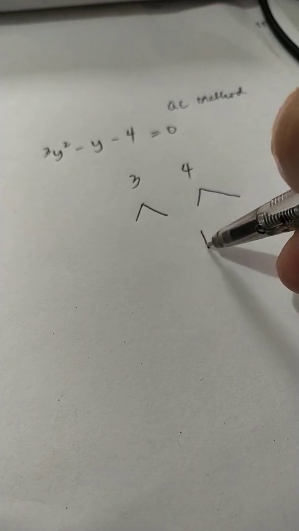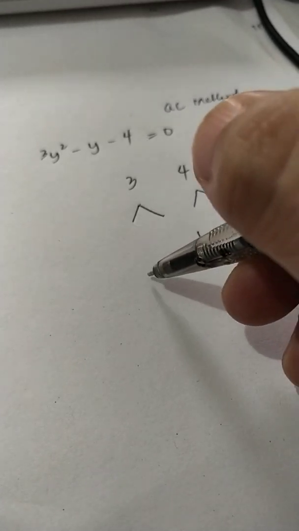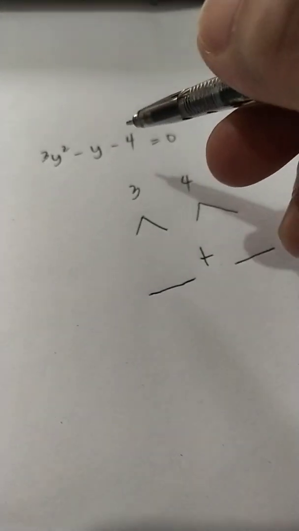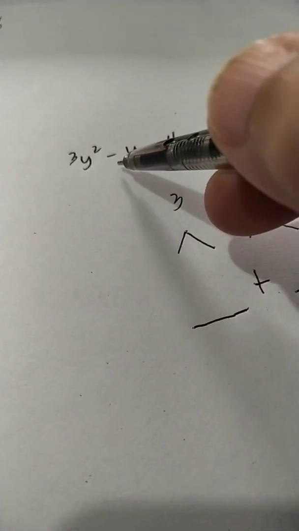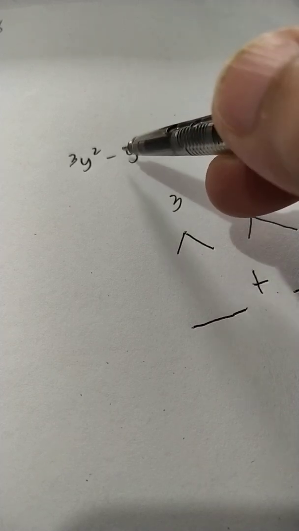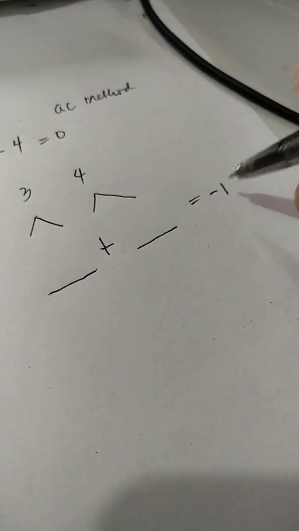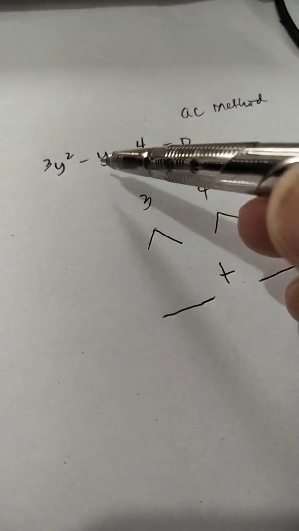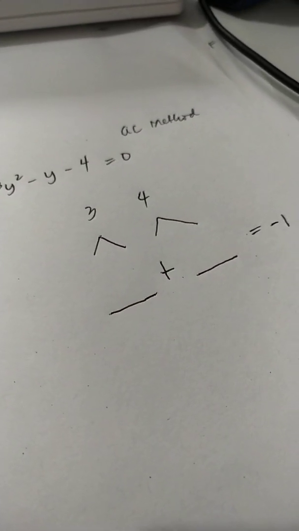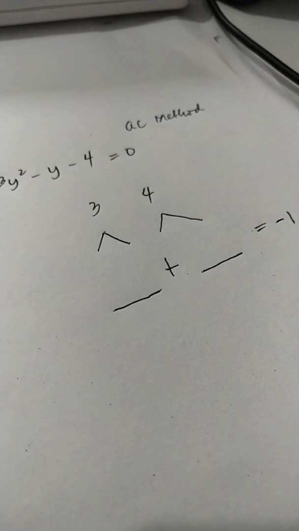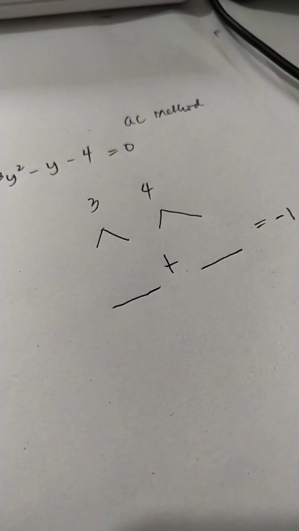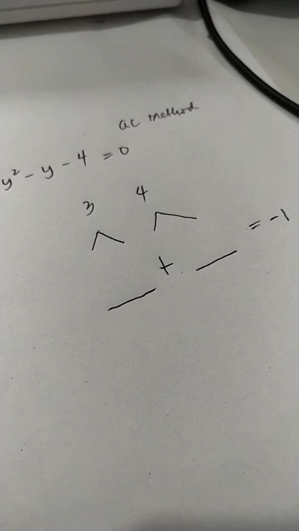Our goal in here is to come up with numbers out of those factors, and the sum of those numbers must be the middle term. The middle term is negative y. The numerical coefficient of the middle term is negative 1. Now let's think of the factor of 3 and 4.